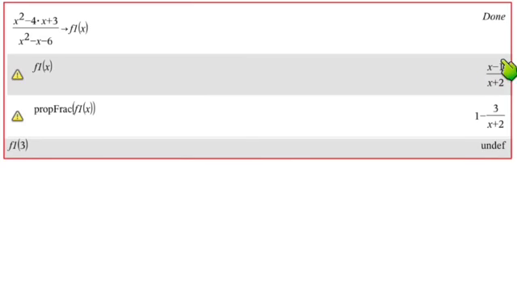But you'd have to have the presence of mind to realise that the thing is not defined at x equals 3. And here's a propFrac command to turn it into the form that we wanted to work out where the rectangular hyperbola is. And the asymptote for it is at minus 2, and this transformation here, it's an upside down one and moved up by 1.